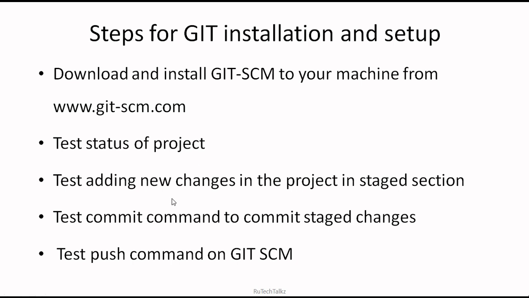After that, we will test adding new changes in the project to the staged section. Once that is done, we will commit those changes by the commit command. And then we will push the changes to the GitHub repository. So let's see all these steps one by one.